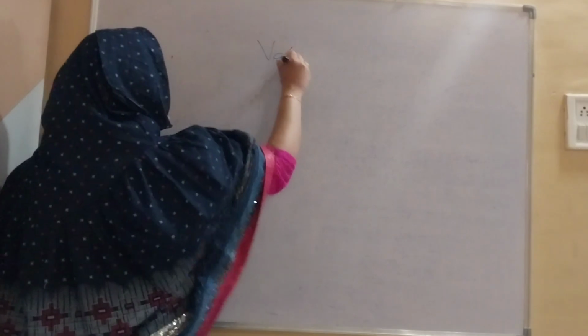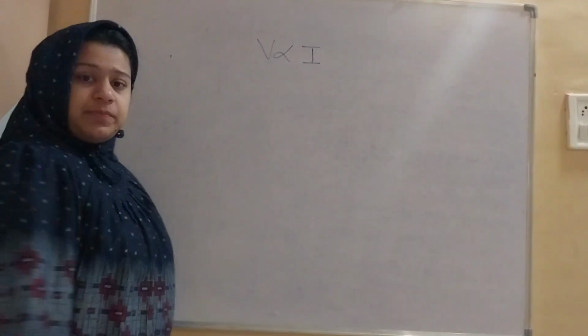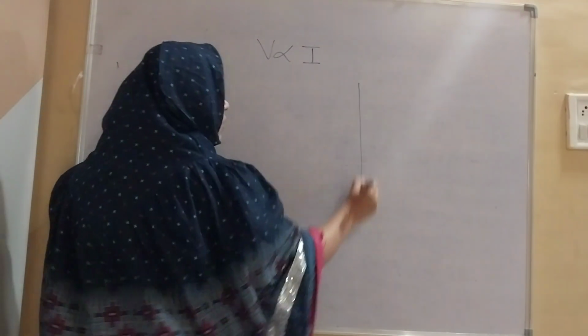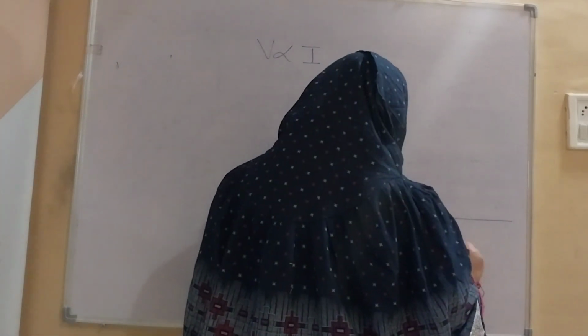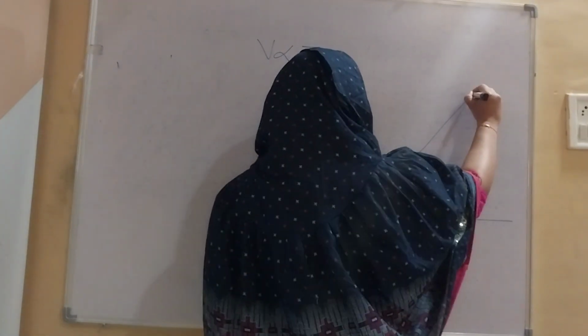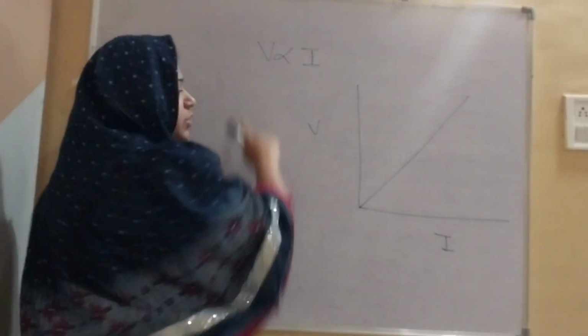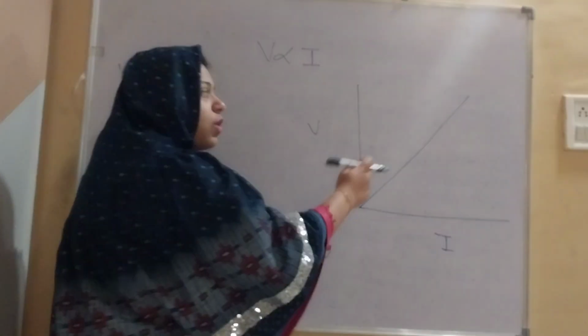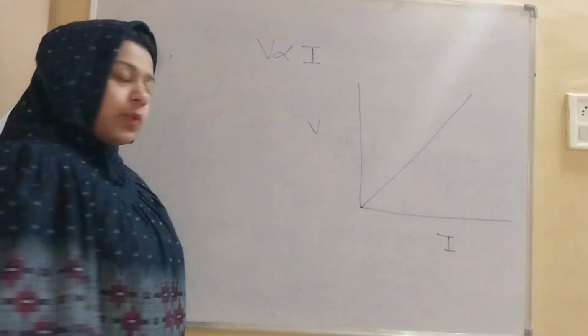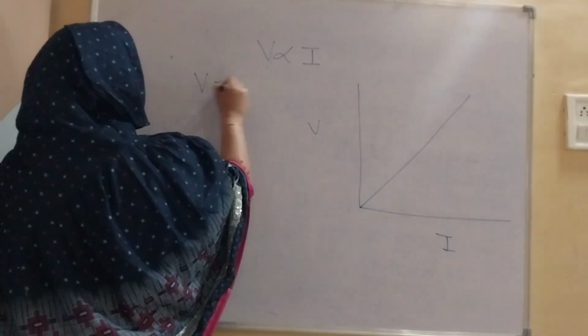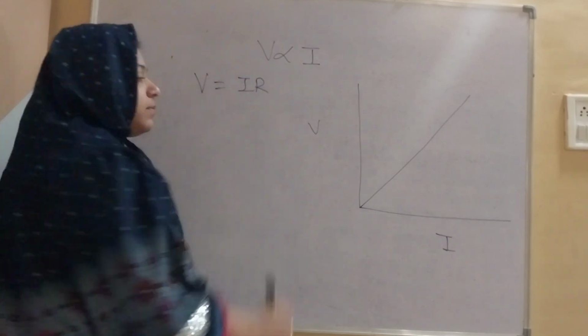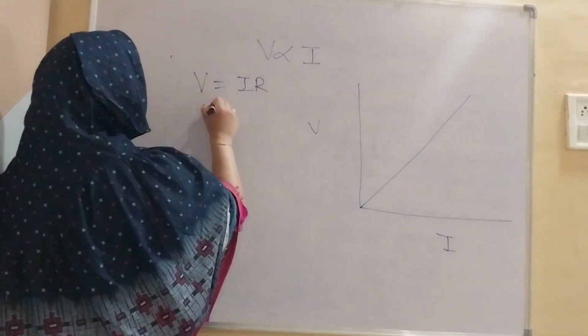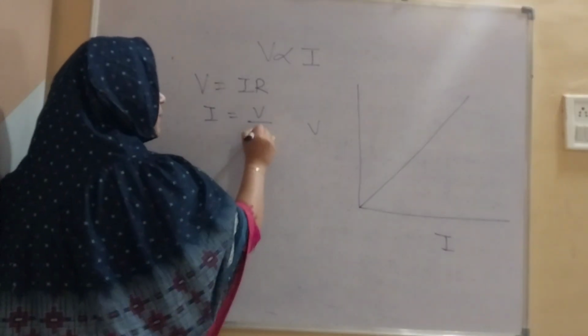We know that V is directly proportional to I. So if you plot a graph of V against I, we get a straight line for a proportional relation, because V is directly proportional to I. So the ratio of V and I is always constant. Okay, V equals IR and I is equal to V upon R.